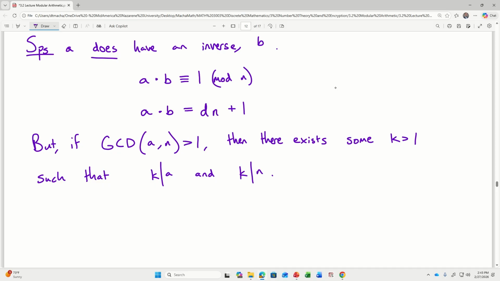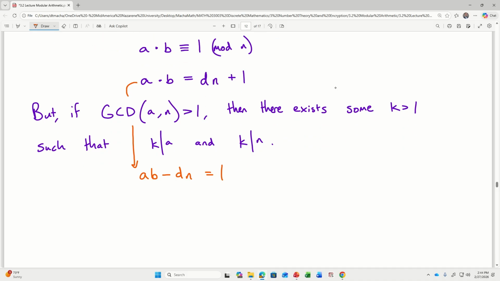And I think the problem is that if I take this equation here and I subtract dn from both sides, ab minus dn is evenly divisible by k.